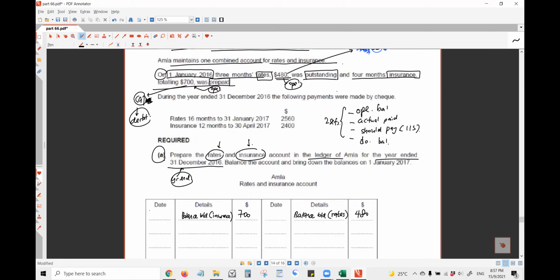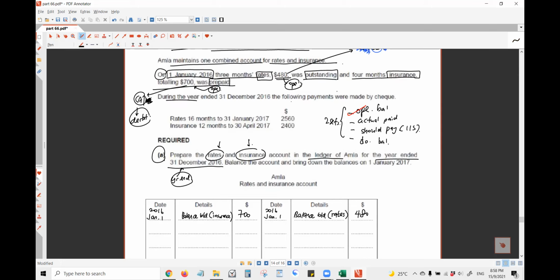Let's complete the date, beginning of the year. Now we have done the opening balances completely.